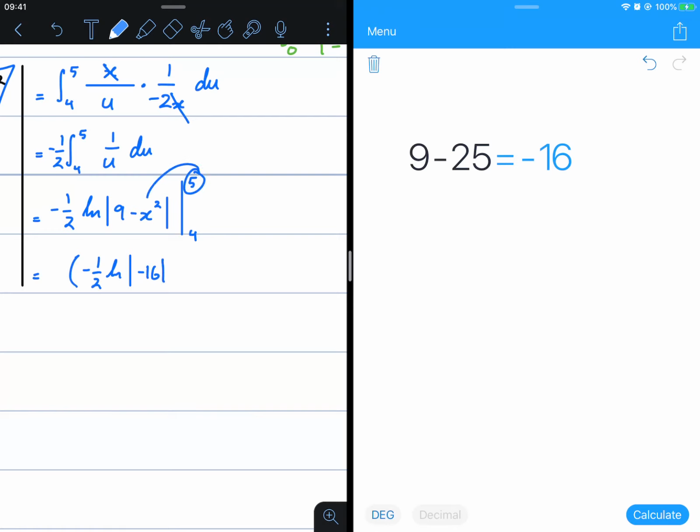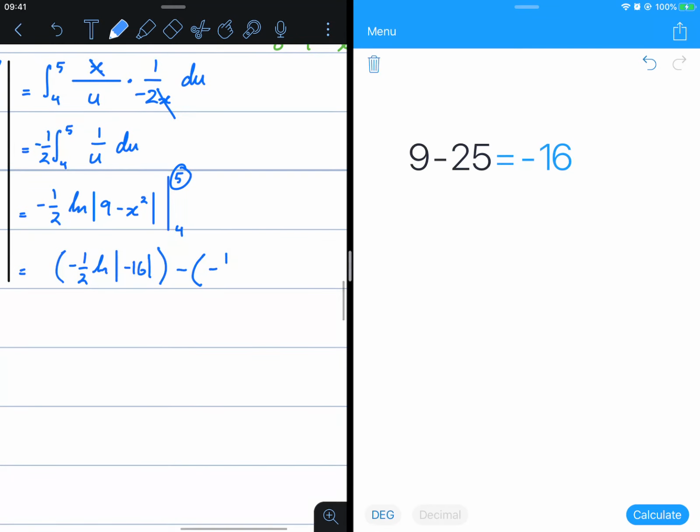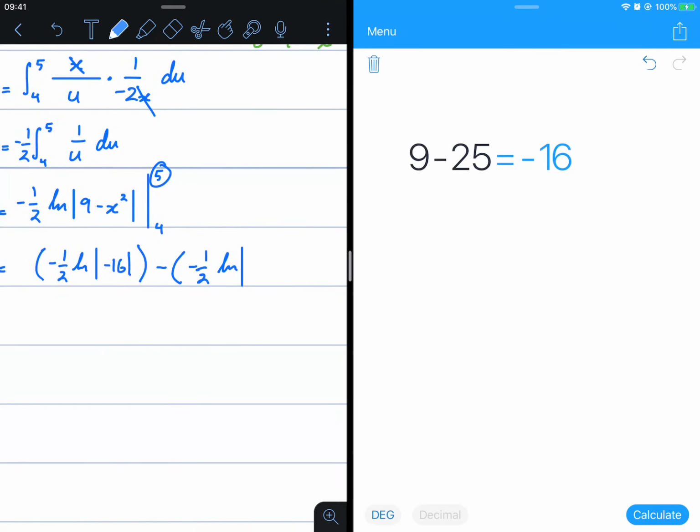So we've substituted 5. Let's now substitute 4, so it's going to be minus negative half ln of the absolute value of 9 take away 4 squared, so 9 take away 16. It's going to be absolute value of negative 7.